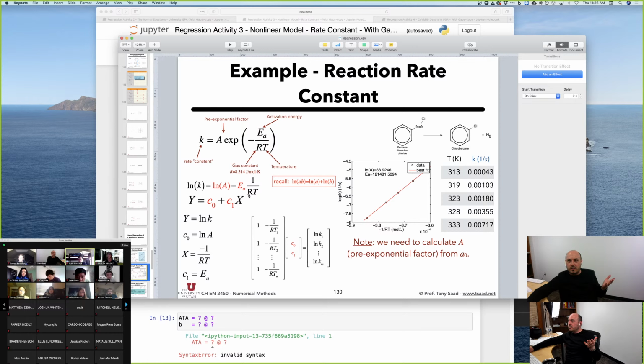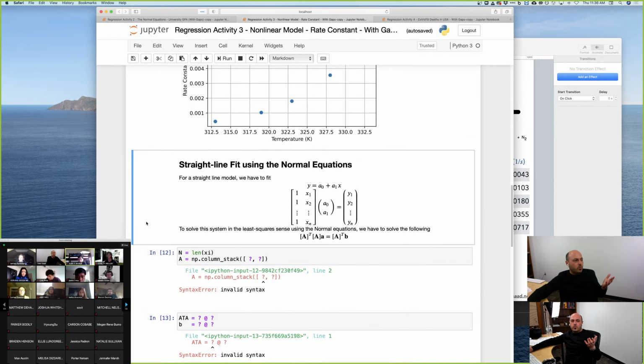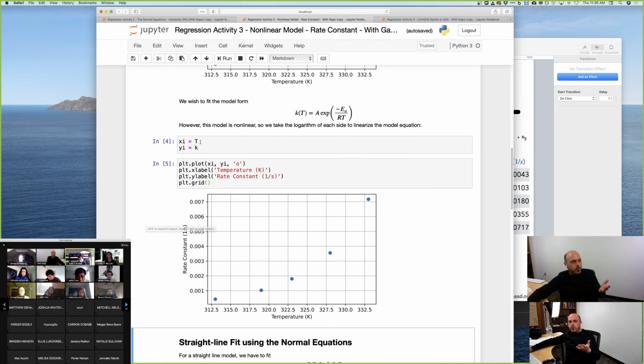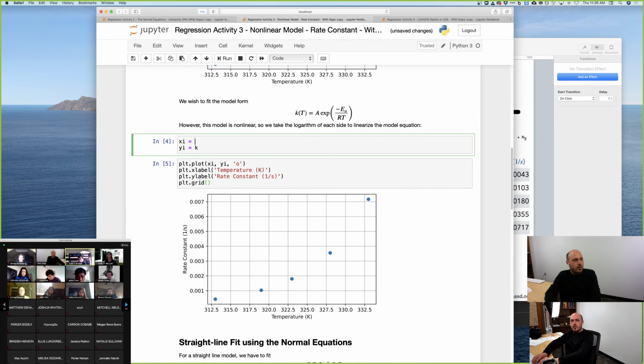Do you agree? Okay. So I'm going to write this over here. So xi is going to be -1 over RT. And the new yi's are going to be np.log k.